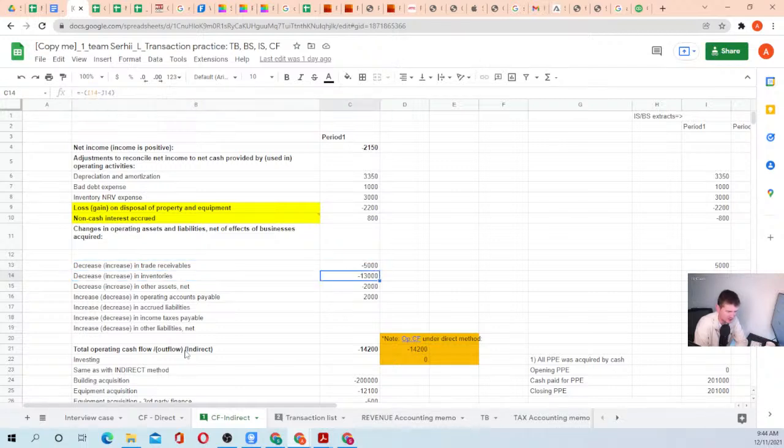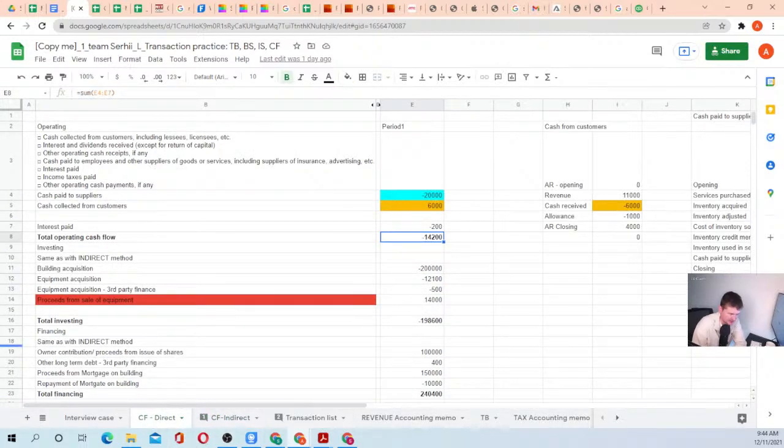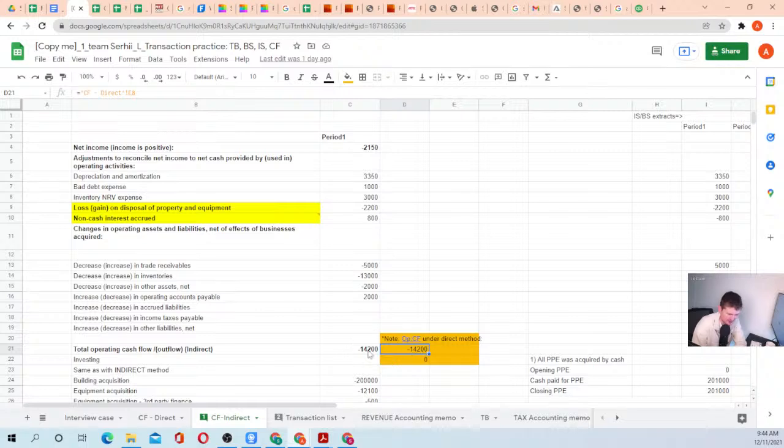So if you increase inventories during the year, it's a cash outflow. Okay. And we also, to be able to say that we come up with all our items here, used our direct method as a reconciliation point.